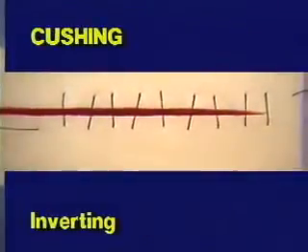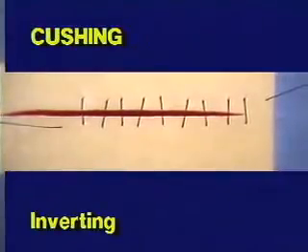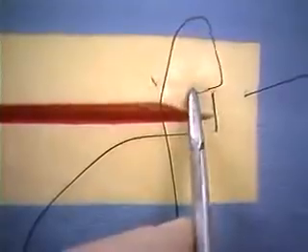The seventh pattern to be demonstrated is the Cushing suture pattern. This is an inverting suture. The Cushing suture is begun with a single Lambert suture.